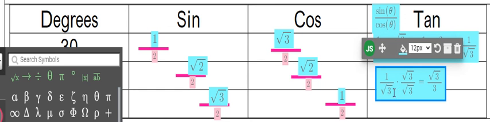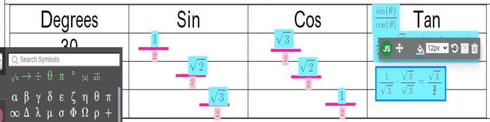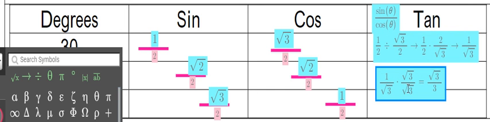So in the denominator, I have radical 3 times radical 3, which gives me the square root of 9, which is just 3. In the numerator, I have 1 times radical 3, which gives me the square root of 3. So the tangent of 30 degrees is radical 3 over 3.